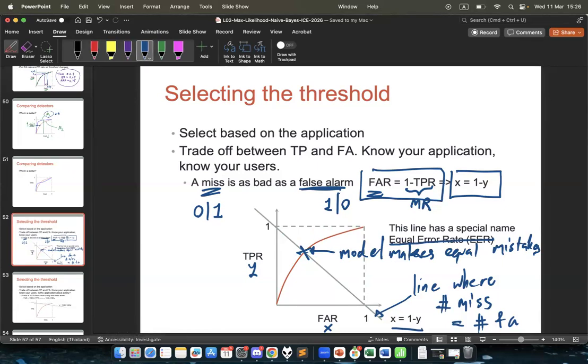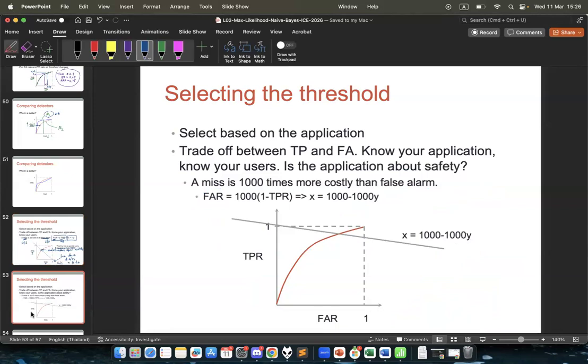This is for the case where the error is equally bad: a miss or a false alarm are equally bad. If they are not equally bad, for example a miss is 1,000 times more costly than a false alarm, like in cancer detection, you don't want to miss a cancer prediction.